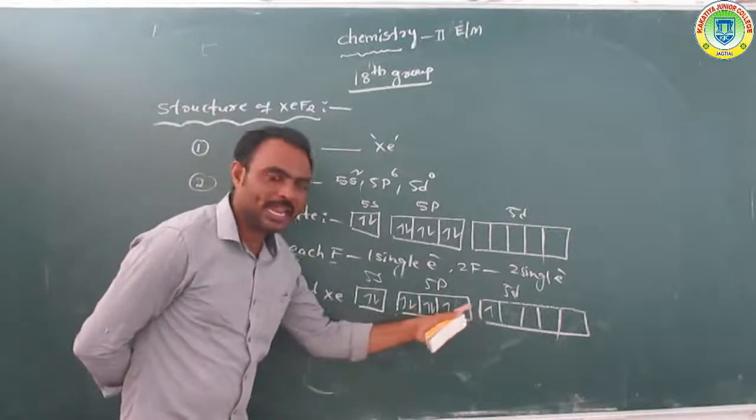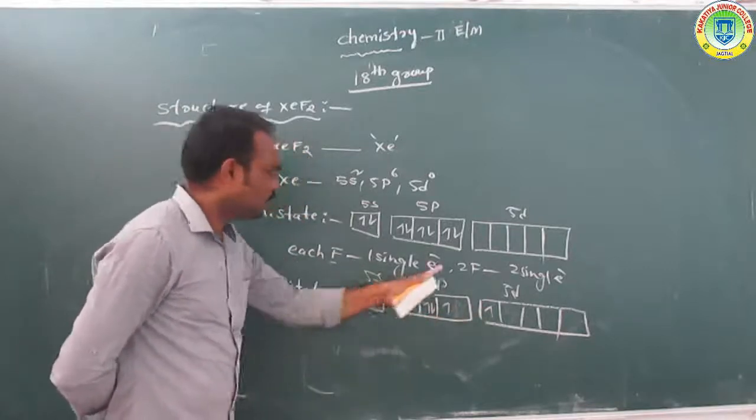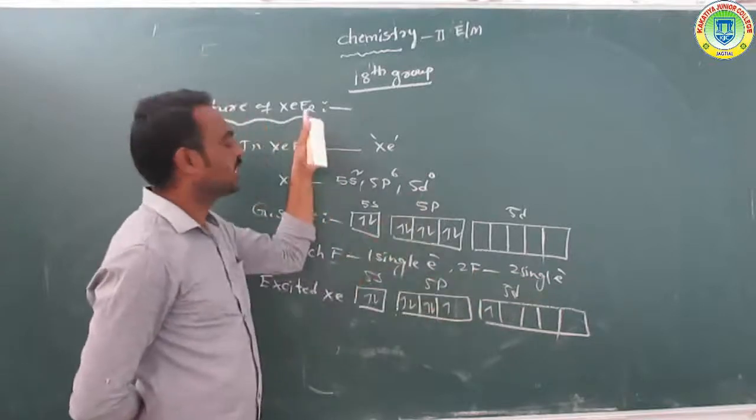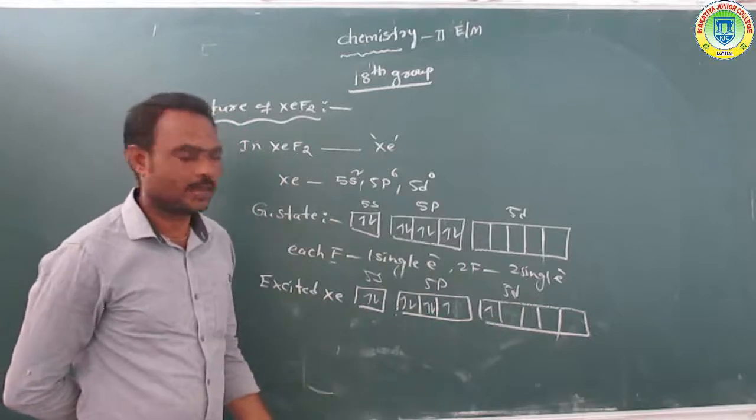These 2 single electrons bond with the 2 single electrons of the 2 fluorine atoms to form XeF2. Okay, it is clear.